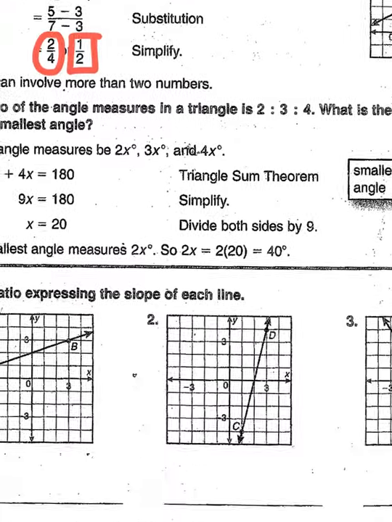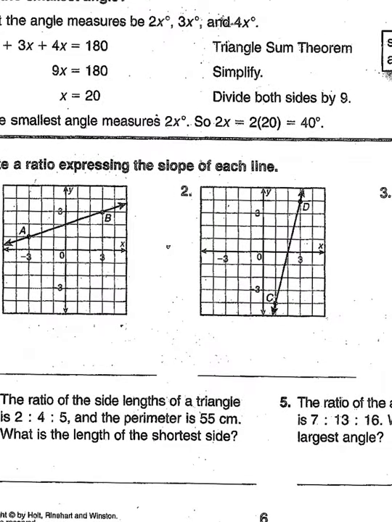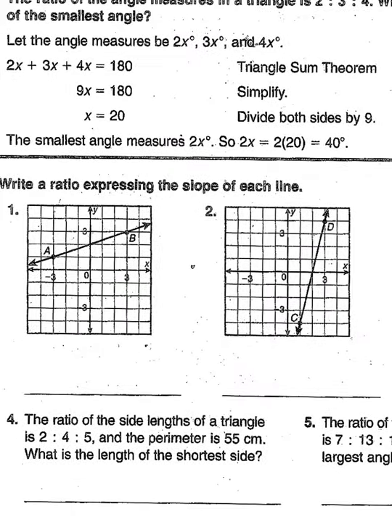So if I look at the first 3 examples, number 1, from A to B. Let's do it by the rise over the run.